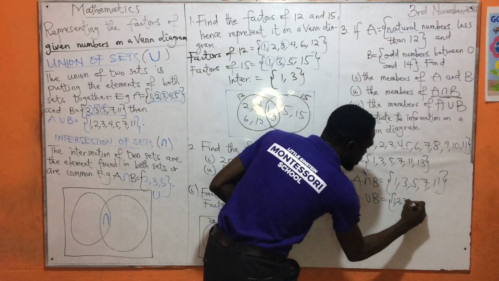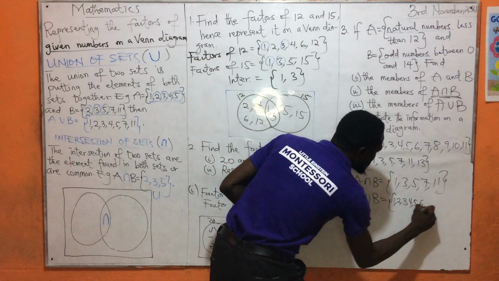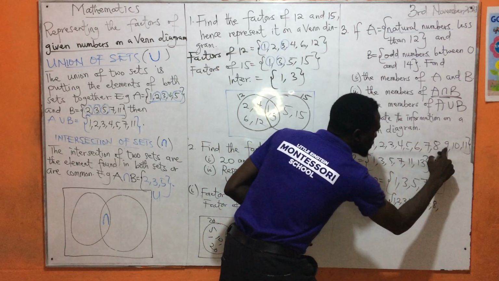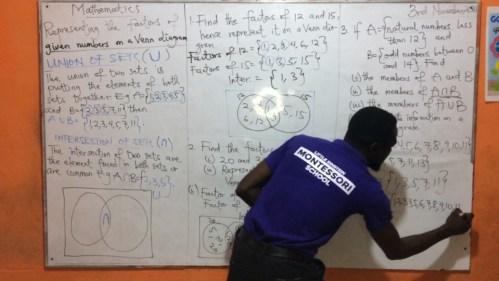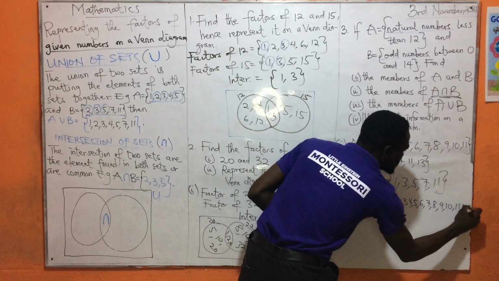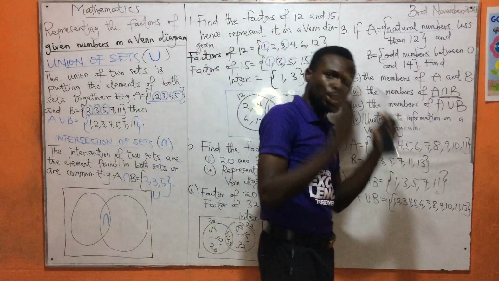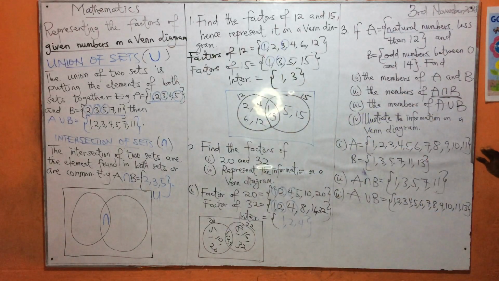We have 4, we have 5, 6, we have 7, we have 8, we have 9, we have 10, 11, and we have 13. And that gives us the union, putting the A and B together.